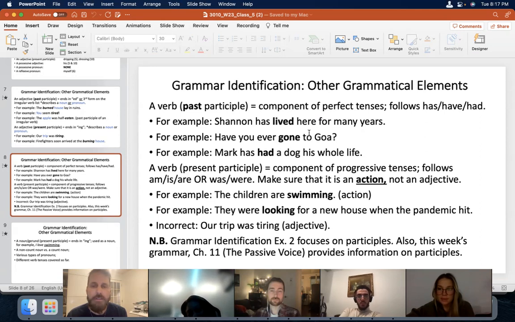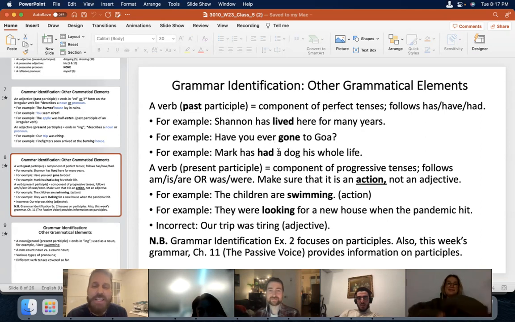Past participle. Excellent, it's used as a past participle, it's used as a verb. Okay, very good. Mark has had a dog his whole life. I have an auxiliary have, and I have the past participle had. So again, these three examples are past participle used as a verb.